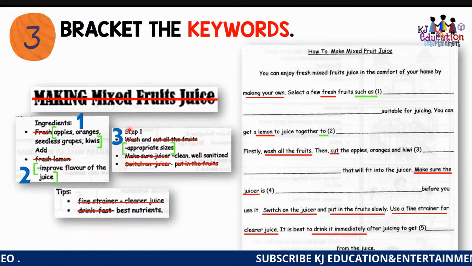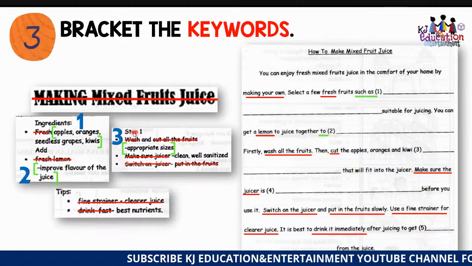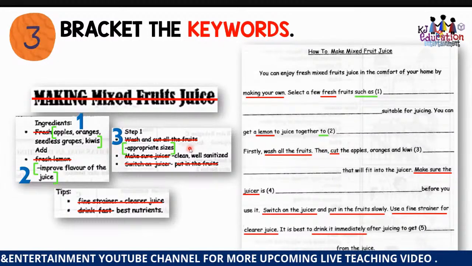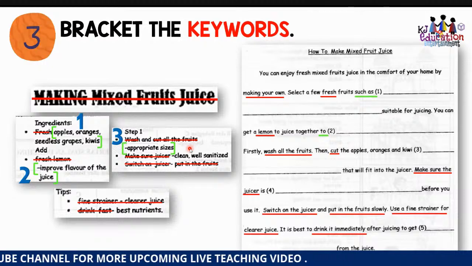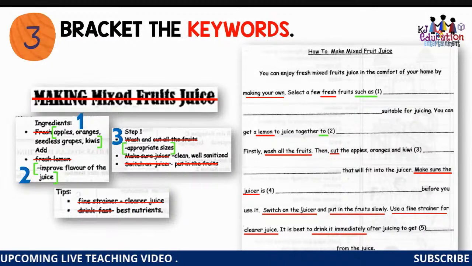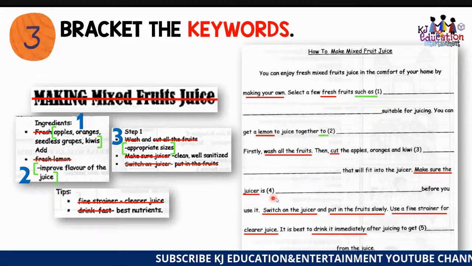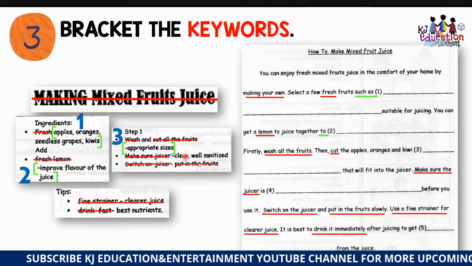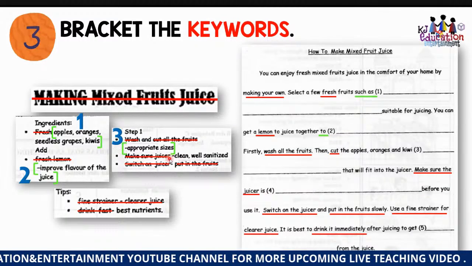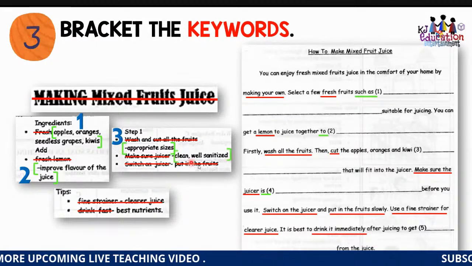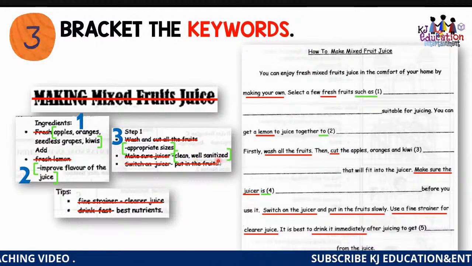Okay, I hope you're following me. All right, because this is a very delicate step. So you have to go through it one by one with me. All right. Okay, the next one would be for number 4. Make sure the juicer is. Right, so make sure juicer is what? Clean, well sanitized.